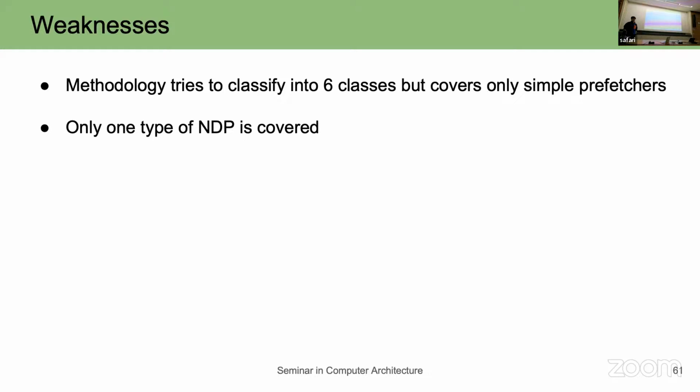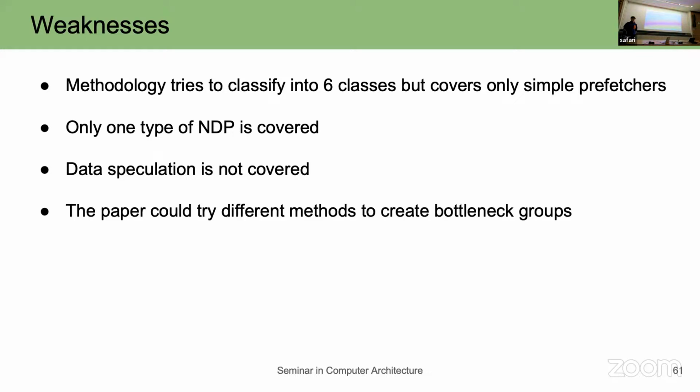Same goes for the NDP system, so only a very simple NDP system is covered. Then data speculation in general is not really covered, which could also further break down those six groups. A very simple way of grouping those six groups is used.